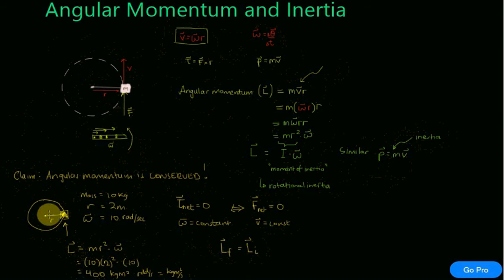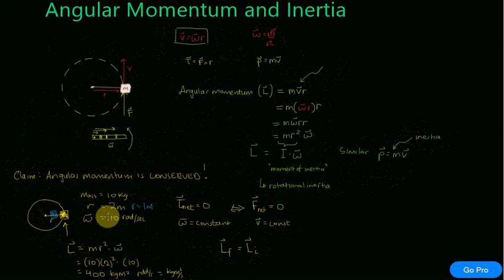If this were my arm, and I bring this mass a little bit closer as it is rotating, in essence, what I've done is I've decreased r. So let's say I bring r down to 1 meter. I've brought it much closer to the axis about which I'm rotating.